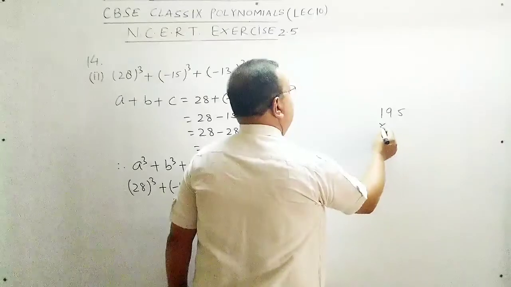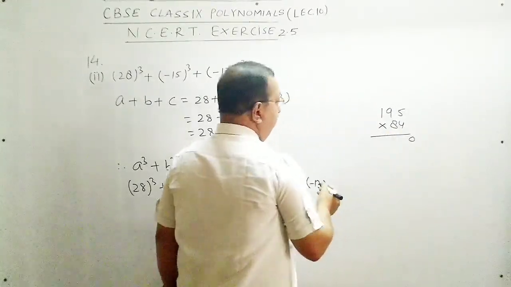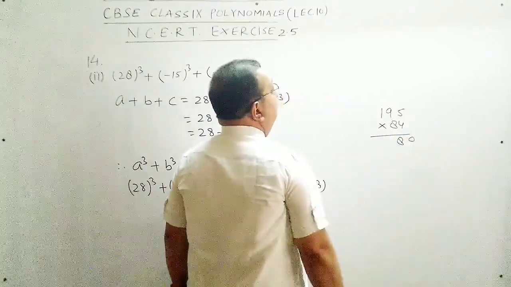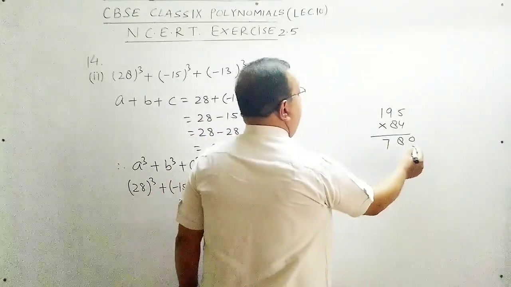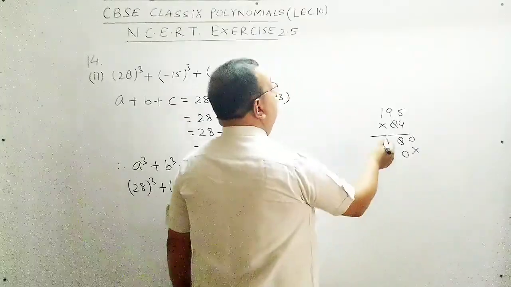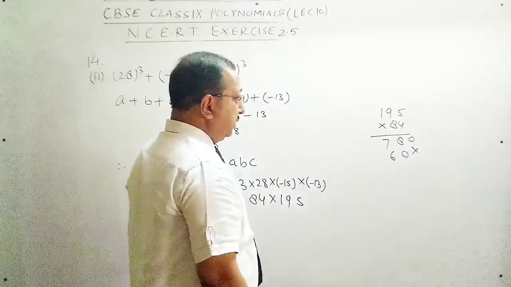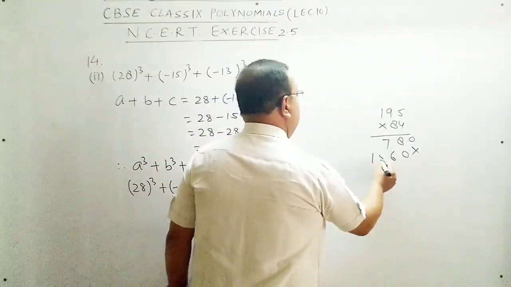195 into 84. 4 5s are 20, carry over 2. 4 9s are 36, 2 38, carry over 3. 4 1s are 4, 3 7. Now multiply by 8. 8 5s are 40, carry over 4. 8 9s are 72, plus 4, 76, carry over 7. 8 1s are 8 plus 7 is 15.